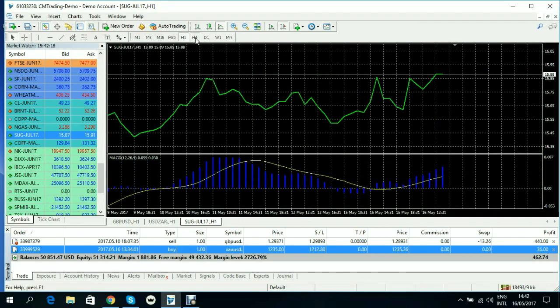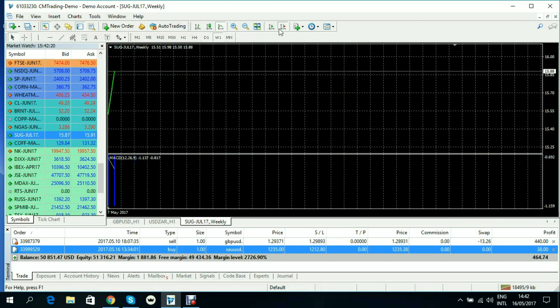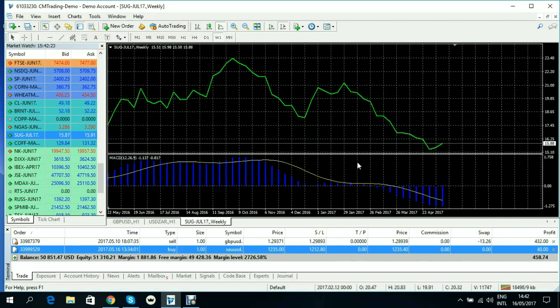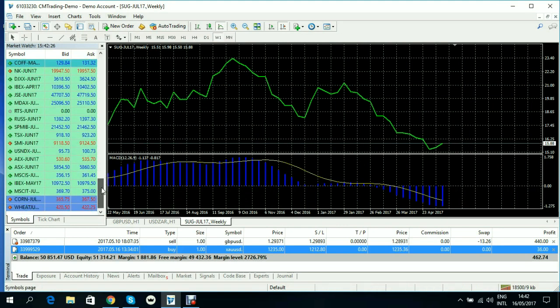So we can confidently use MACD if we understand just these two conditions: that the bars must cross so that they are below the zero zone, and the moving average signal, which is the simple moving average, must also cross the zero zone so that they are all below.